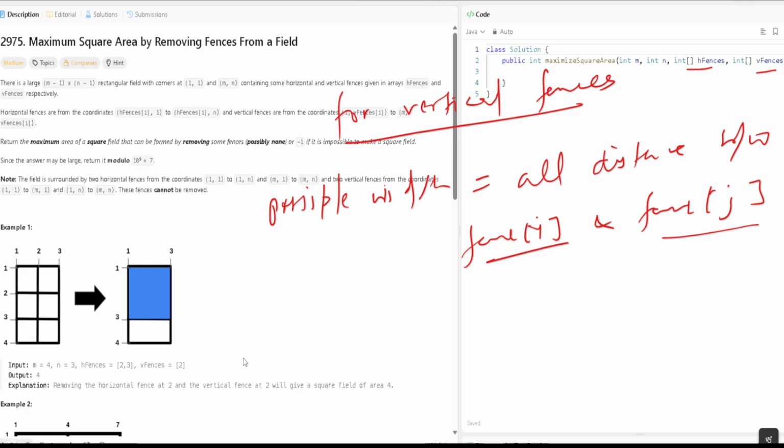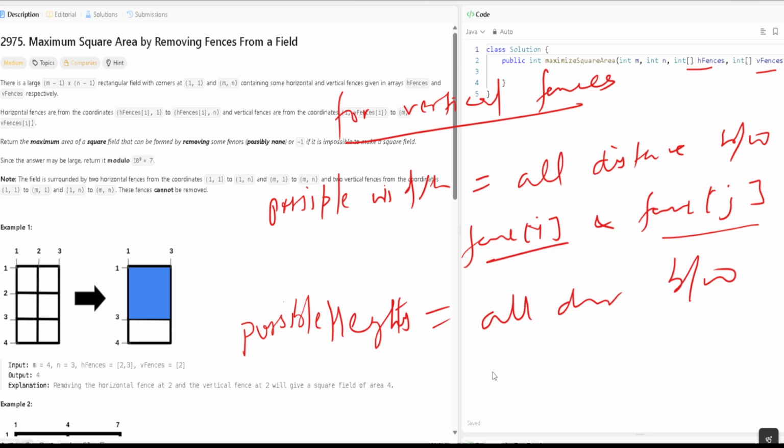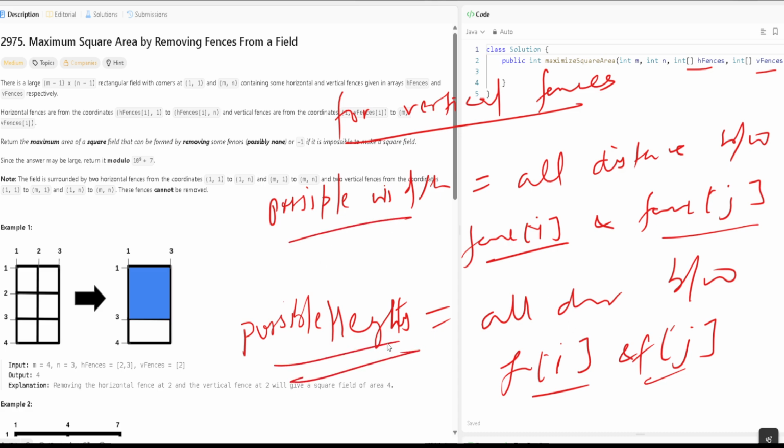The possible heights are all distances between the fence at i and the fence at j. Similar to this, we have to calculate this.